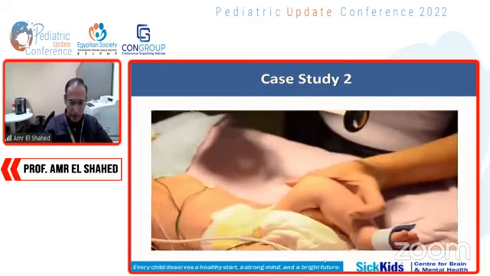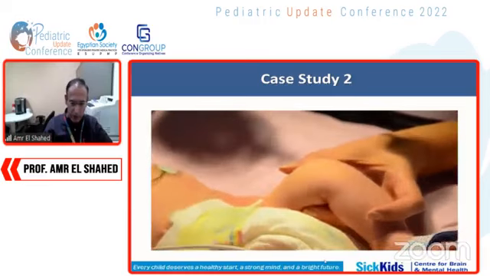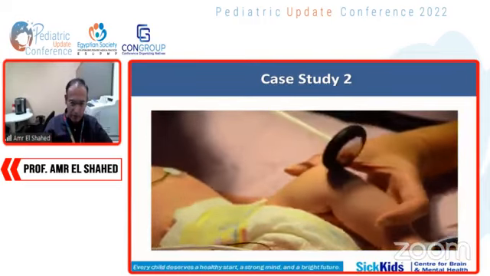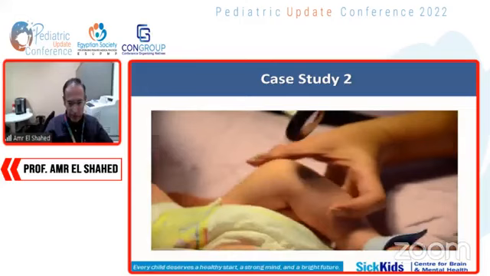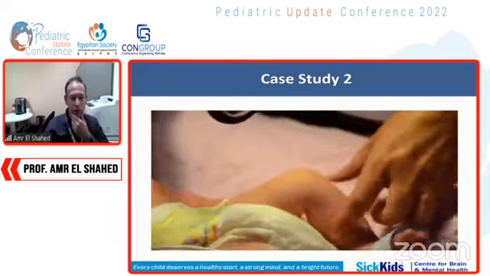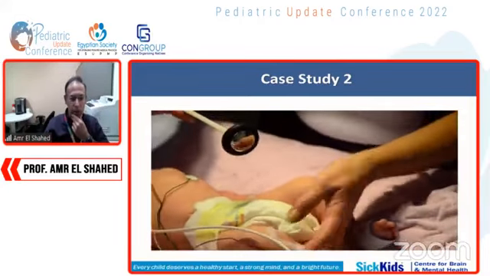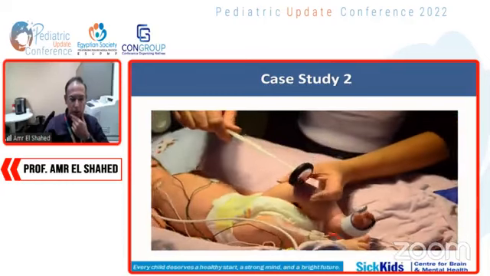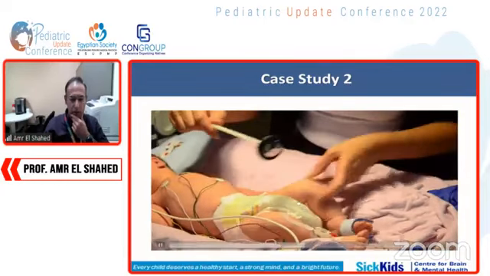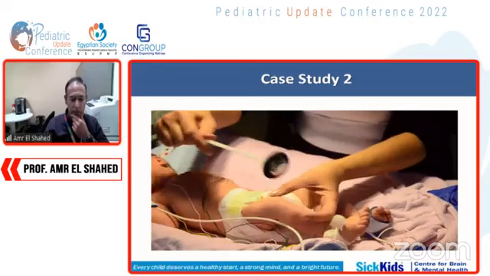Examining the reflexes, I think this is interesting. I hope that you can see the deep tendon reflexes. You can see that it is a brisk reflex and even spreading to the other side of the body. So when she's tapping now on the patella, you can see the movement on the other side.